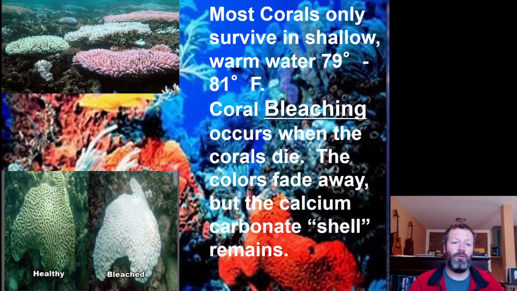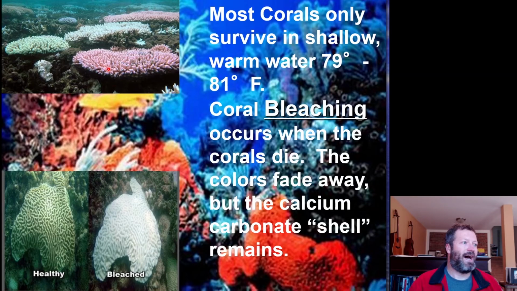Again, coral do have some problems. They really only exist well in water from about 79 to 81 degrees Fahrenheit. So very specific temperatures. And the term coral bleaching is when the coral actually dies. So actual healthy coral are alive, they're nice, they're full of color like this one here, right?